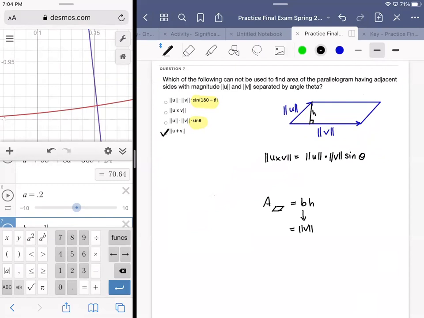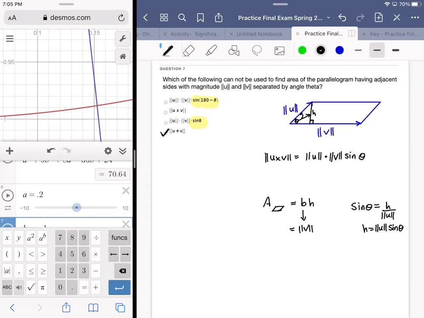The height is unknown, but there is an angle theta that separates vectors u and v. All right. What I could say here is that the sine of theta is equal to the opposite over the hypotenuse, h over the magnitude of u. All right. So when I cross multiply, I get h equals the magnitude of u times the sine of theta.